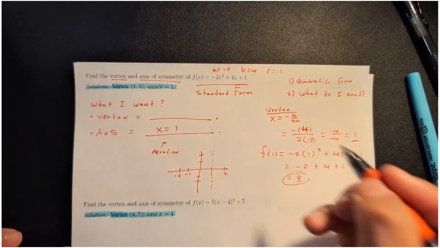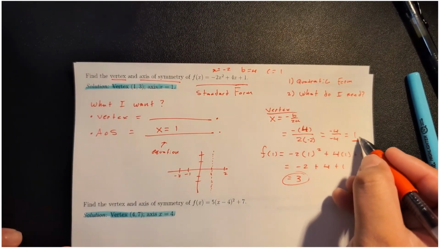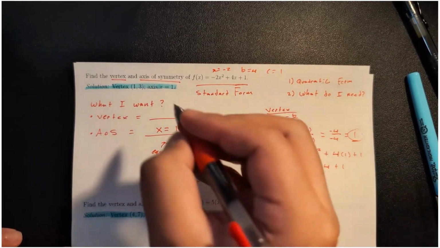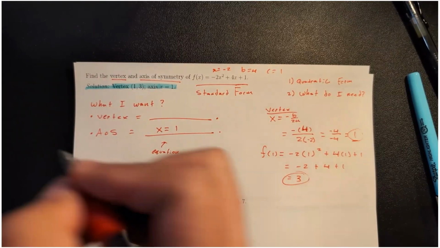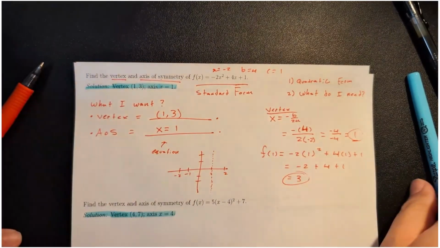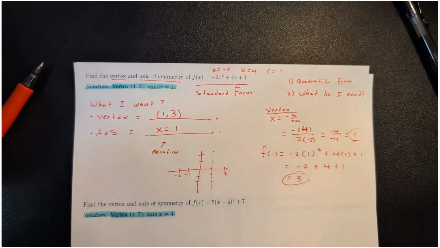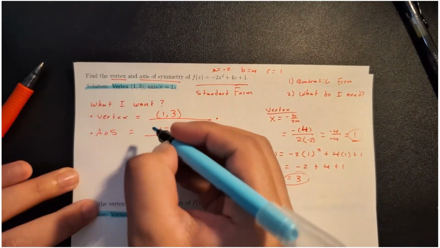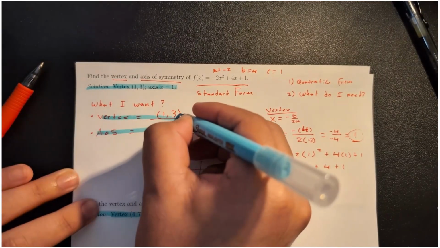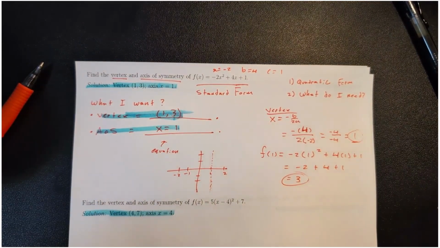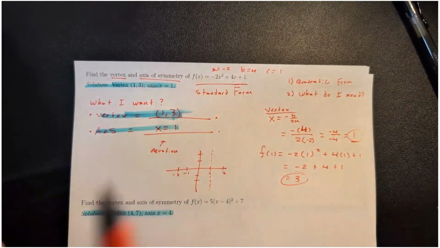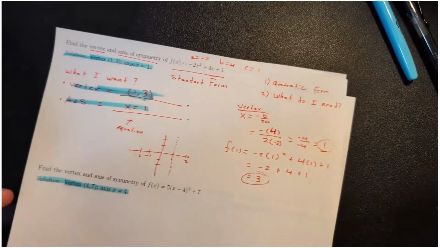So then my vertex is my x value and my y value, f of 1. So we have my vertex is given by (1, 3). Okay, so again, axis of symmetry given by this equation, my vertex is given by this. And double checking, we have our right solution. Okay.